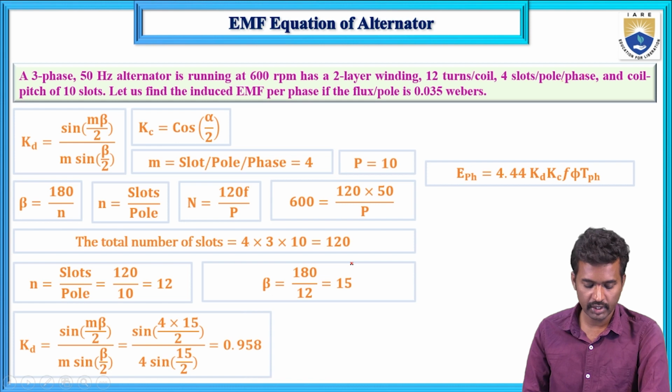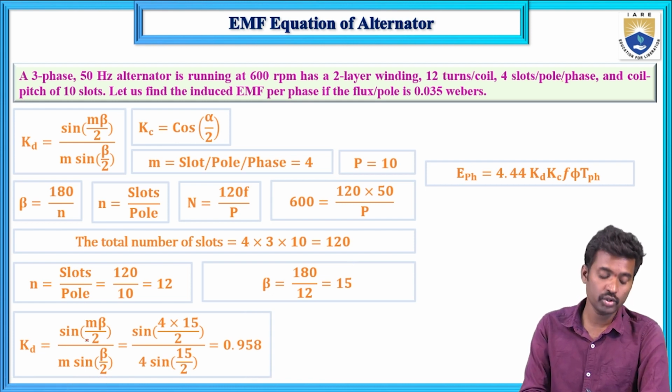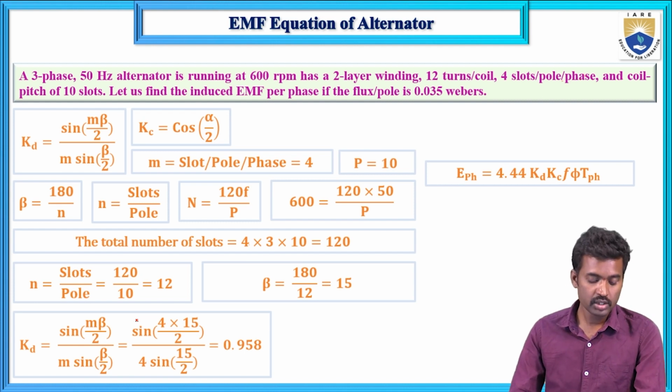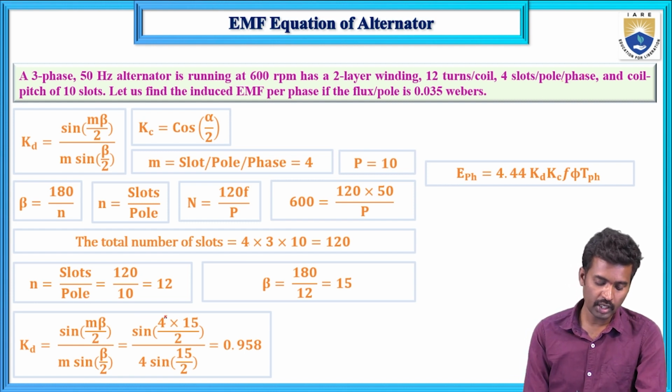So now you can easily calculate Kd equals sine m beta by 2 divided by m into sine beta by 2. Here m equals 4 and beta equals 15.